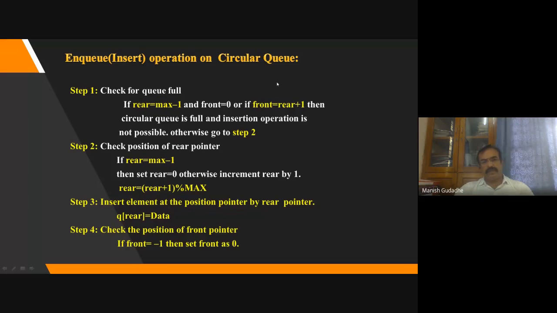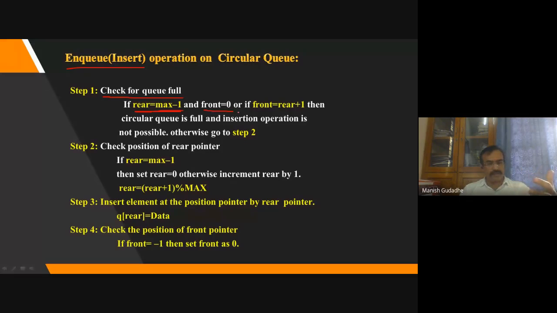So let us write an algorithm for inserting an element in a circular queue. How can we do it? Insertion, that is insert queue. First step will always be to check whether the queue is full or not. Check is full. If R is equal to max minus 1, max is the size of the array, and front is still equal to 0.